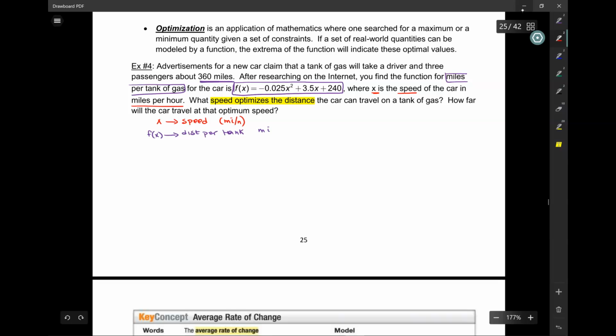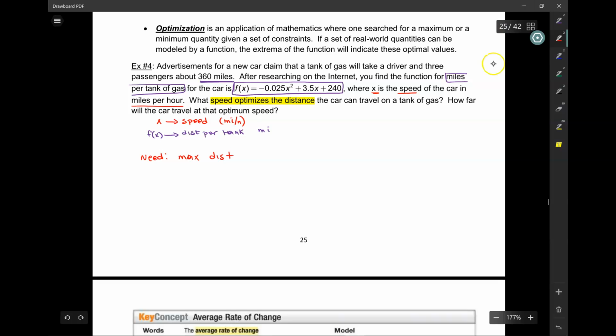So what we need here, what do we need? This is what we have. What do we need? We need the maximum distance that this car can travel. And what is the speed that you should go at for that to happen?